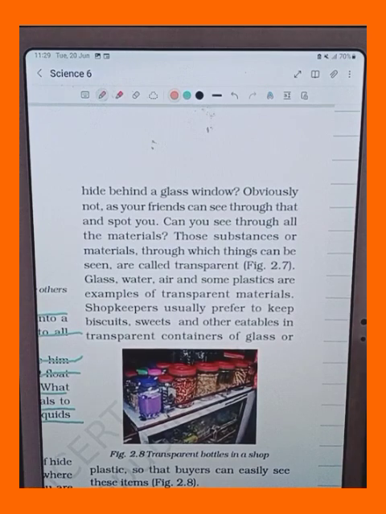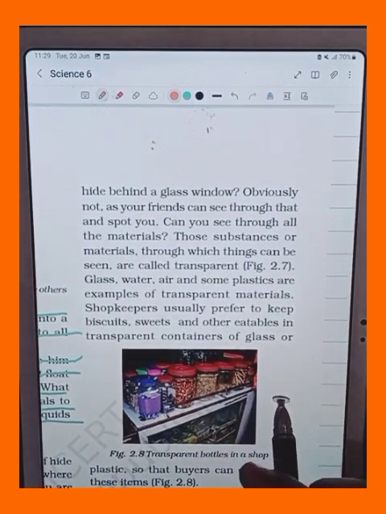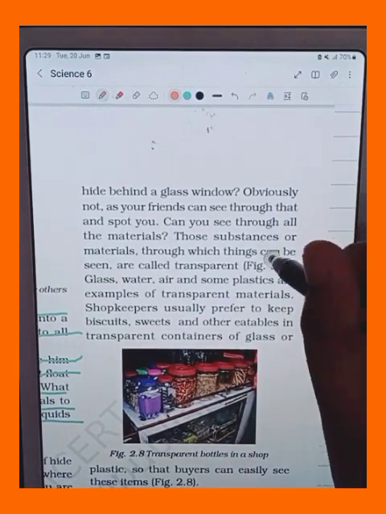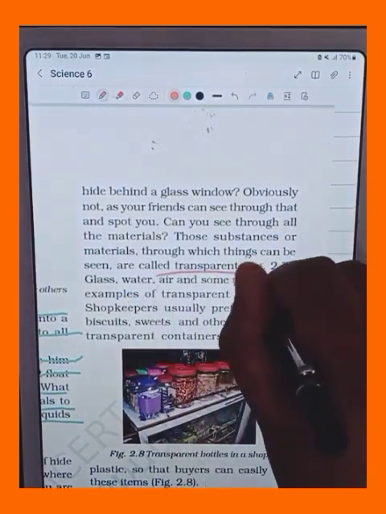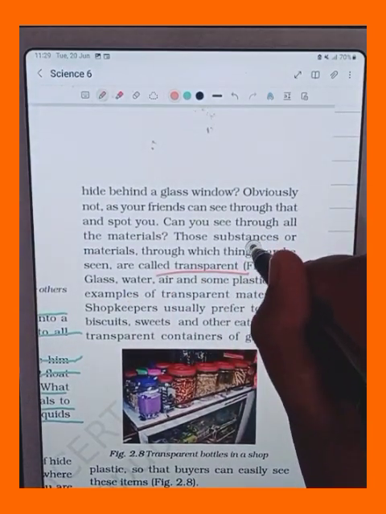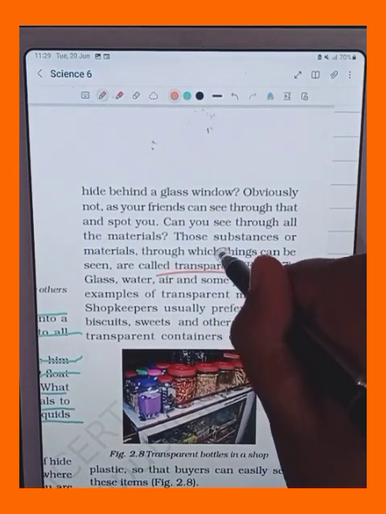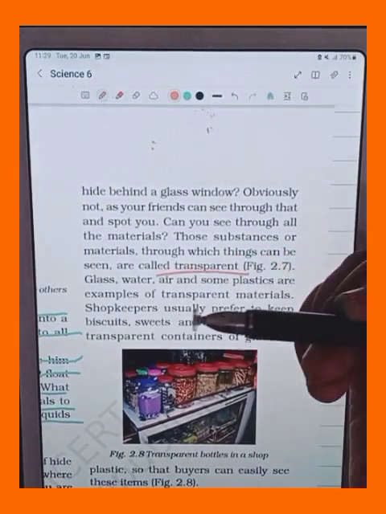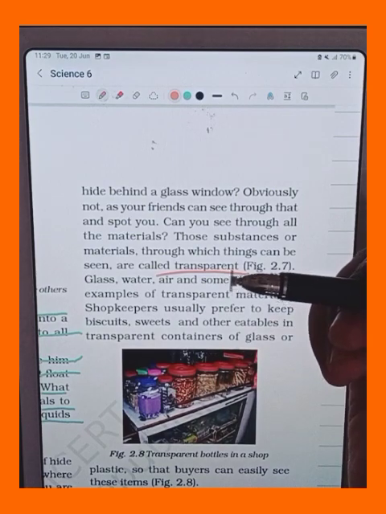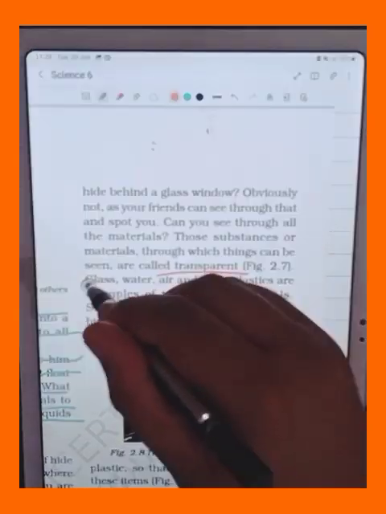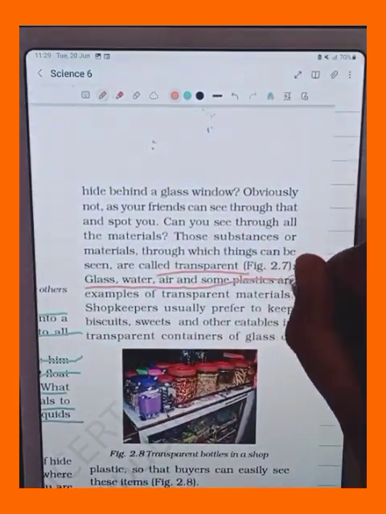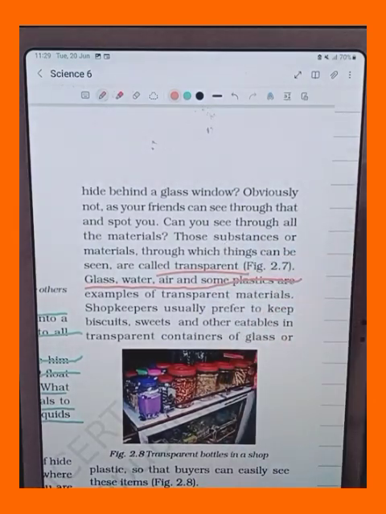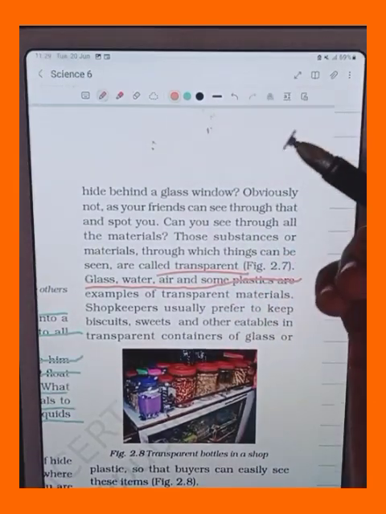Those materials through which things can be seen clearly are called transparent. Glass, water, air, and some plastics are examples of transparent materials.